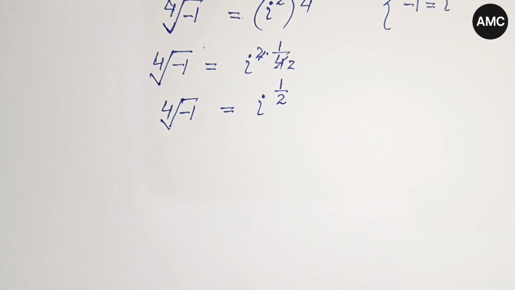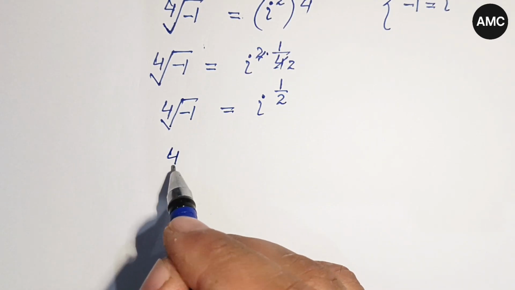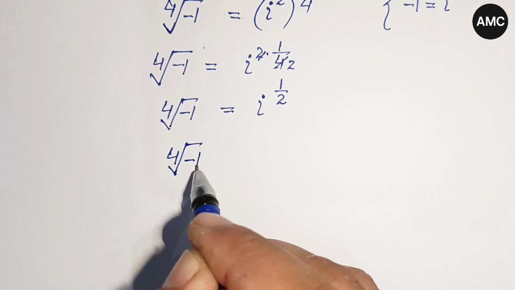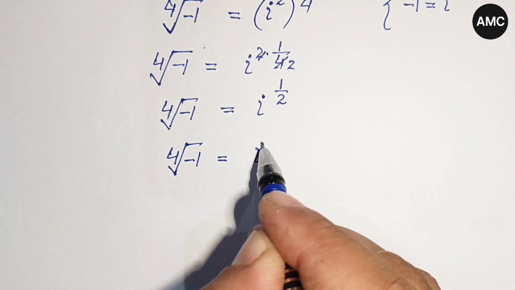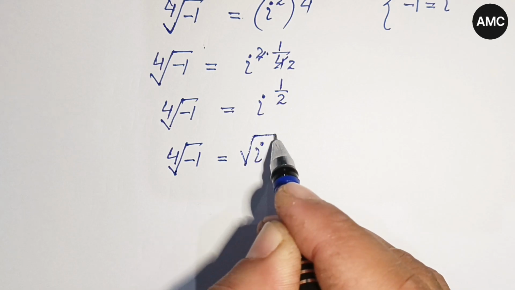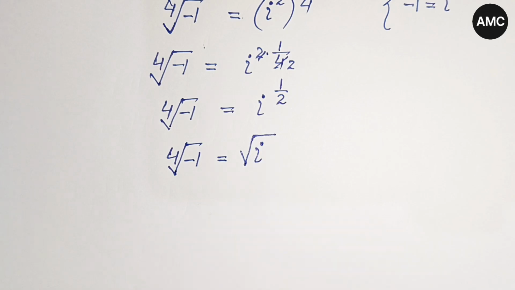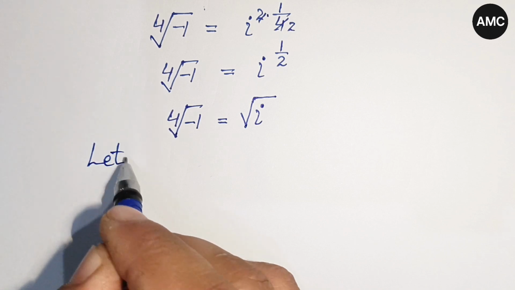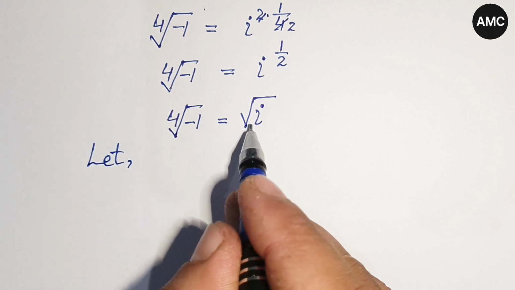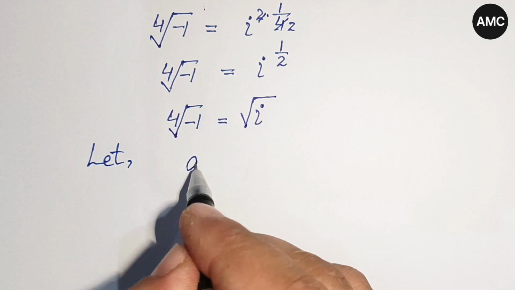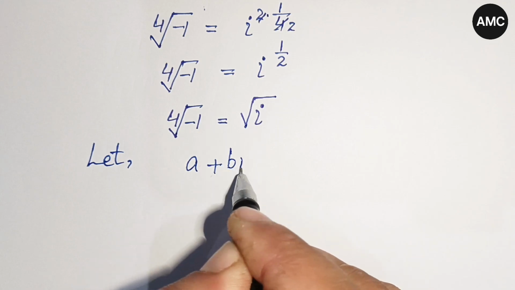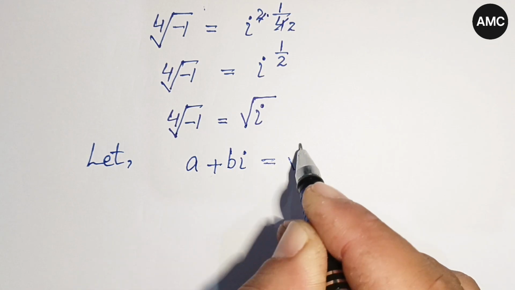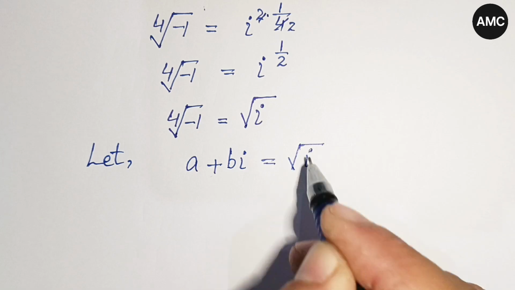Now we have that this fourth root of minus 1 can be written as the square root of iota. Now let us consider, here we are going to just let this square root of iota be equal to a plus b iota.